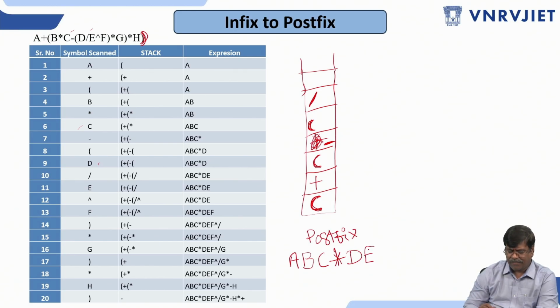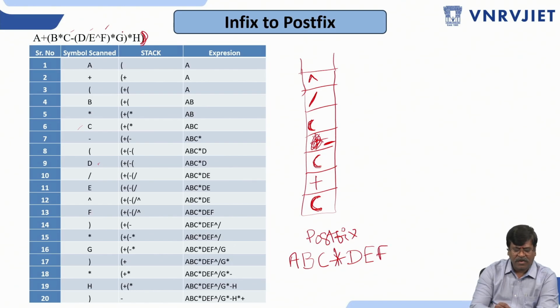So simply you can add it to the postfix. Next I have the power operator. On top of division, I can push the power operator because the precedence of power is greater than the division. Next, I am encountering the operand F, which I can add to the postfix.